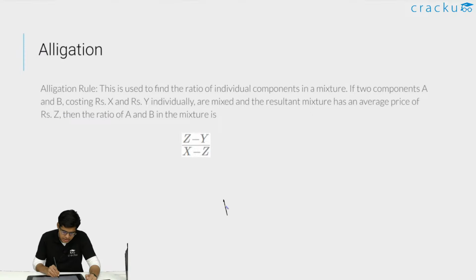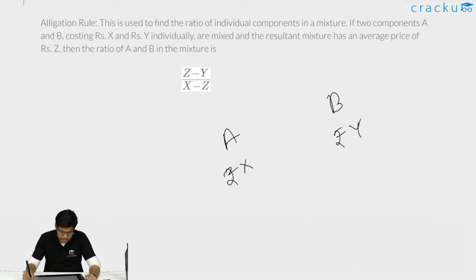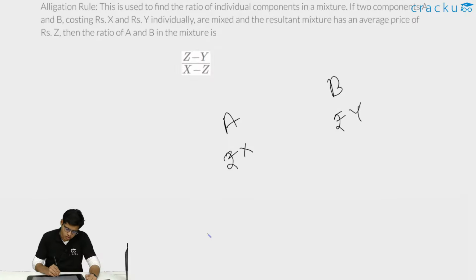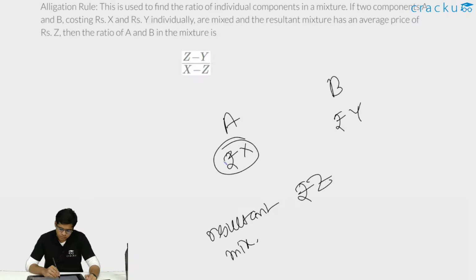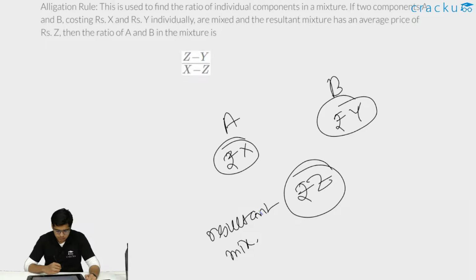So two components A and B. A is costing rupees X, B is costing rupees Y, and the resultant mixture has an average price of rupees Z. X, Y and Z are given.